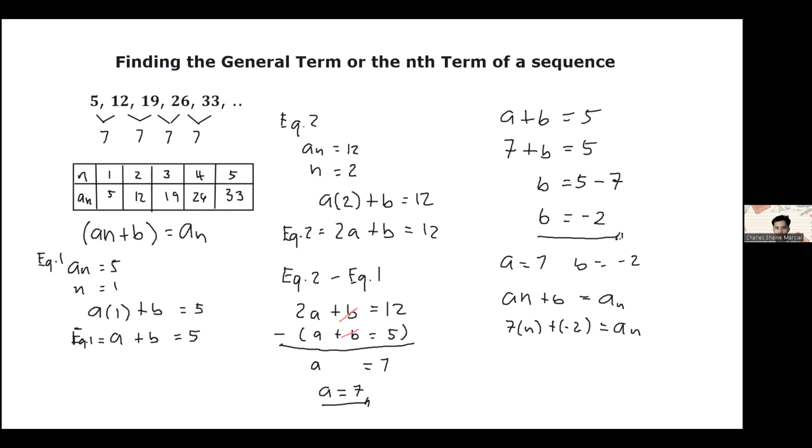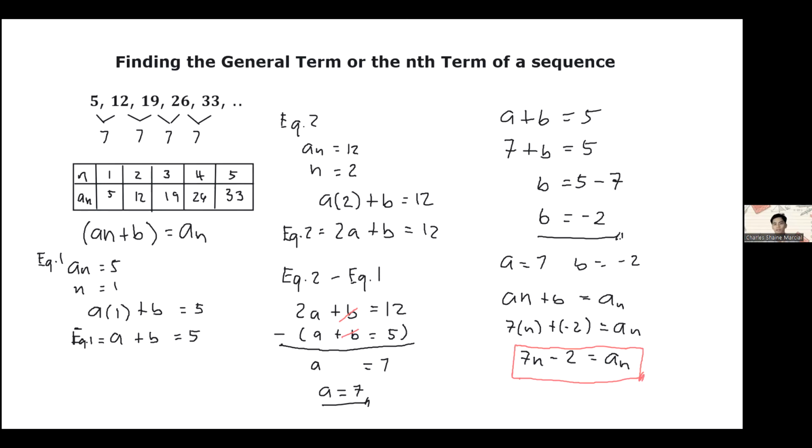So 7 times n is 7n minus 2 is equal to a sub n. Now, meron na tayong general term. Ito na yung final answer natin. Nakuha na natin yung general term nitong arithmetic sequence na 5, 12, 19, 26, and 33.